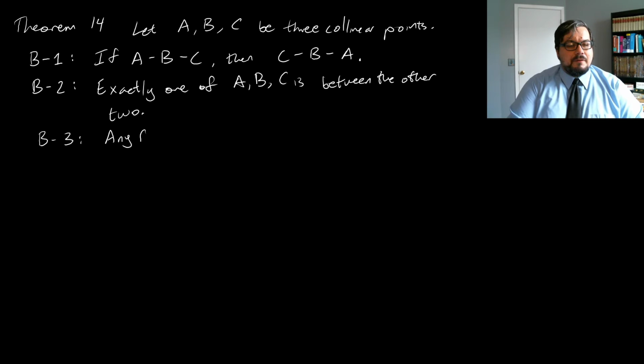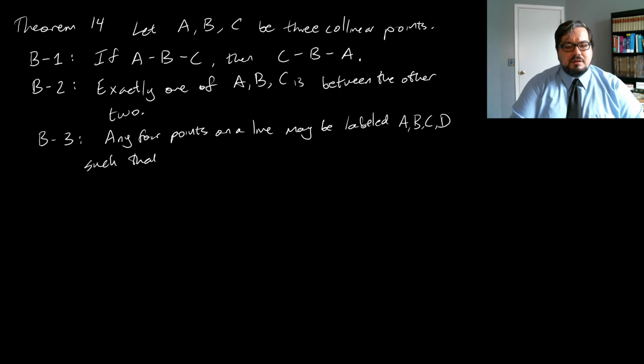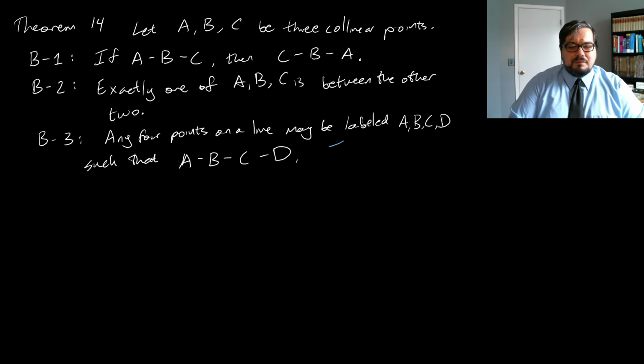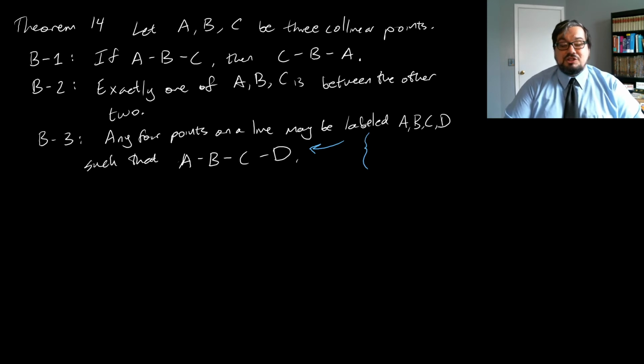B3: any 4 points on a line may be labeled A, B, C, D, such that we have the betweenness relationships A-B-C-D. Now this notation is a new one, and it just means that the following betweenness relationships hold. If we take any one of these points out of this notation, then the betweenness relation we get out of that holds.